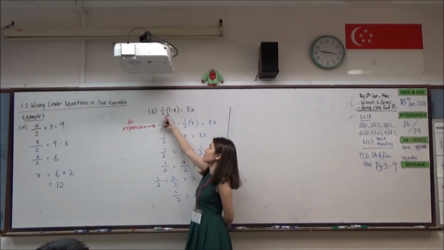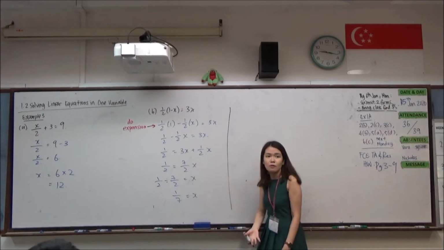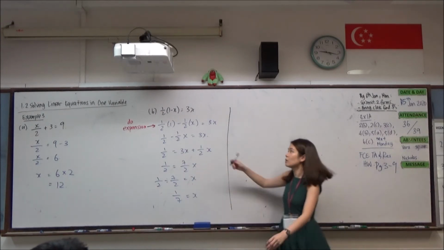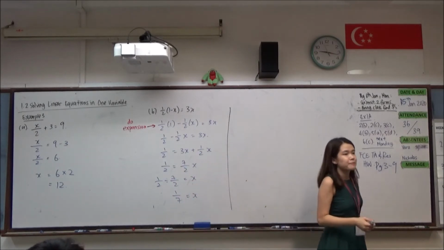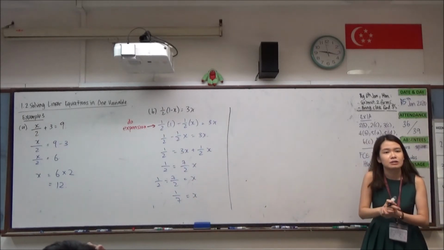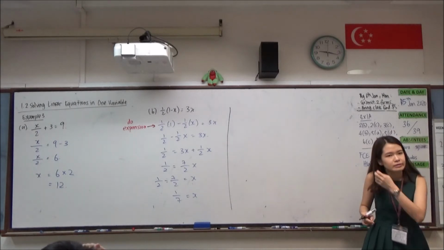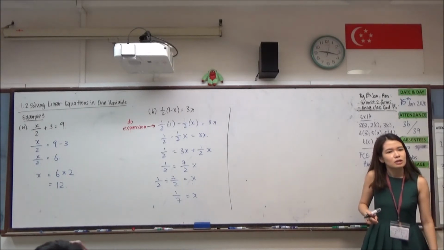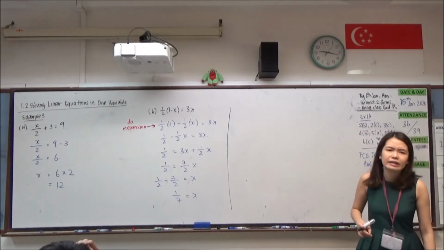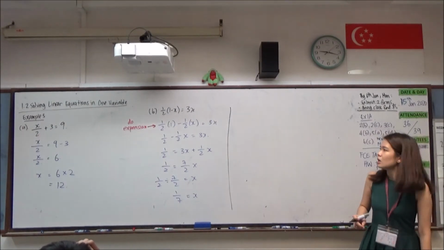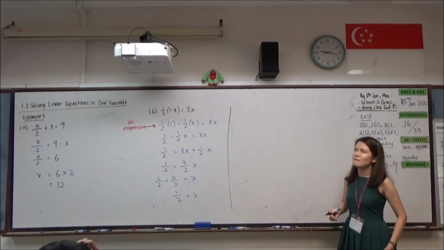Half times 1 minus x together. So I would have seen this as half times 1 minus x equals to 3x. Okay, yes, right. Divide what? 3x divided by? Sorry, I can't catch it. 3x divided by 1 minus x.